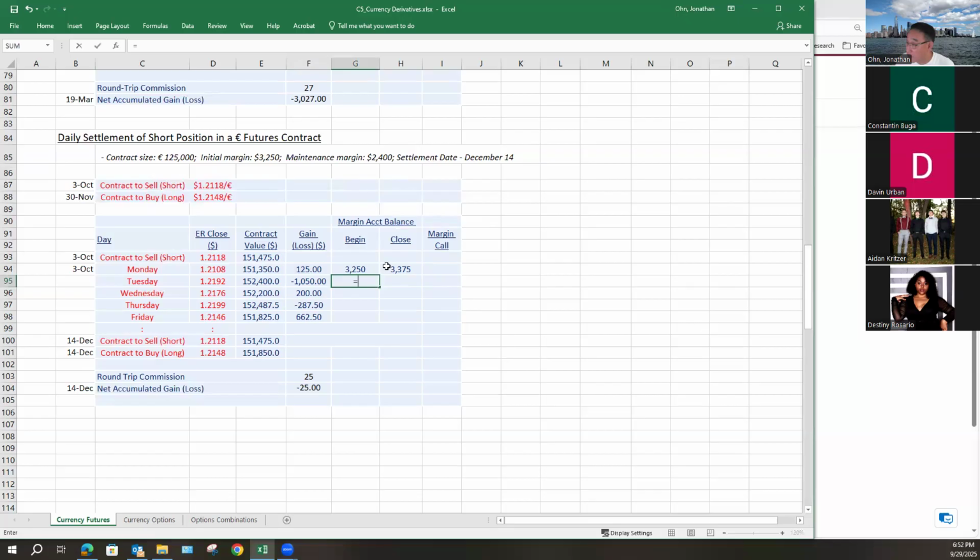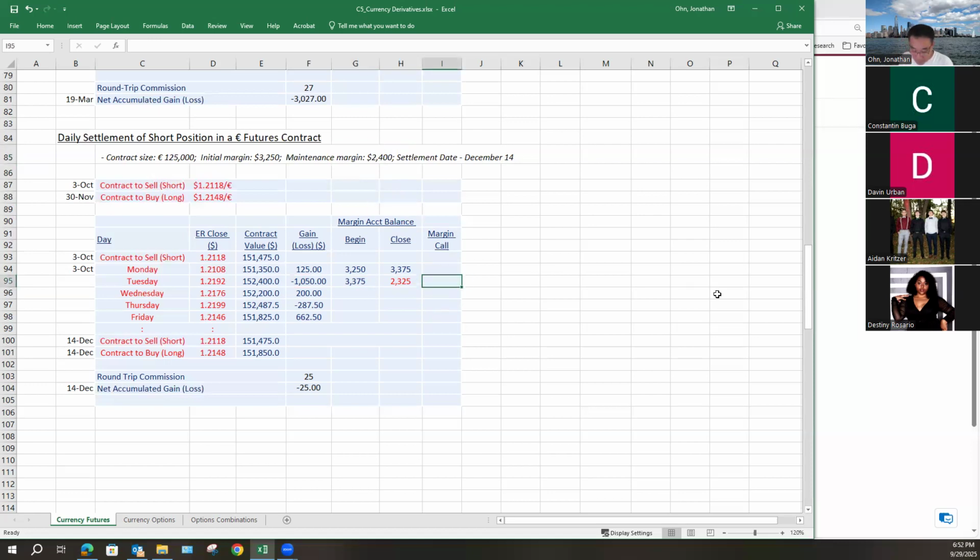Now, on Tuesday, you lost $1,050. So your ending balance is your beginning balance plus your loss, $2,325, which happens to be lower than your maintenance margin of 2,400.